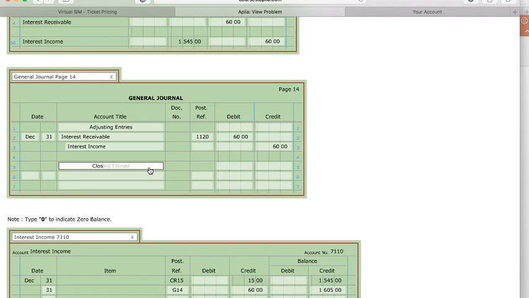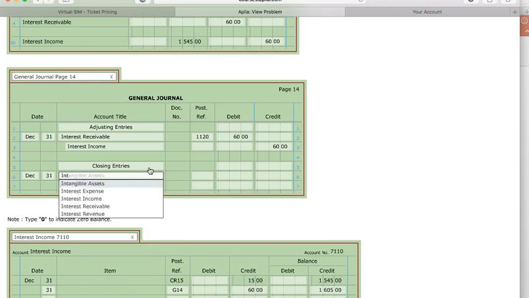We need to put our title. And again, it's December 31st. And we are closing these out. So we're going to do our interest income.